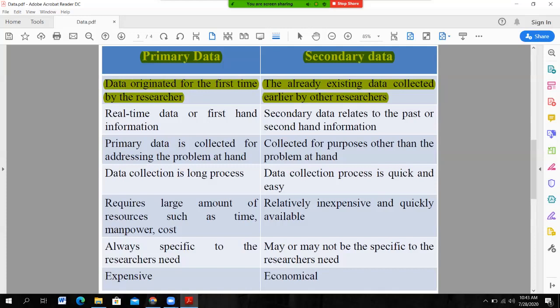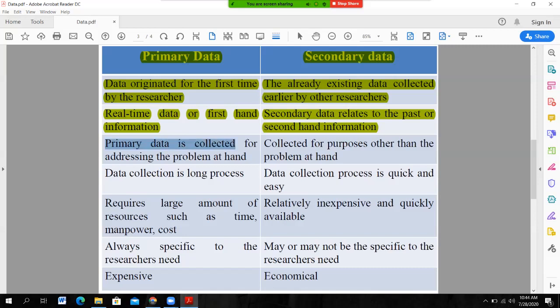So primary data is the first hand information, real time data. Secondary data relates to second hand information which is already available, or actually secondary data is the existing information.